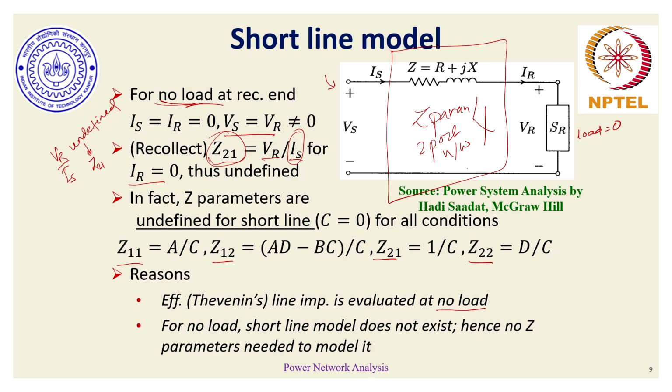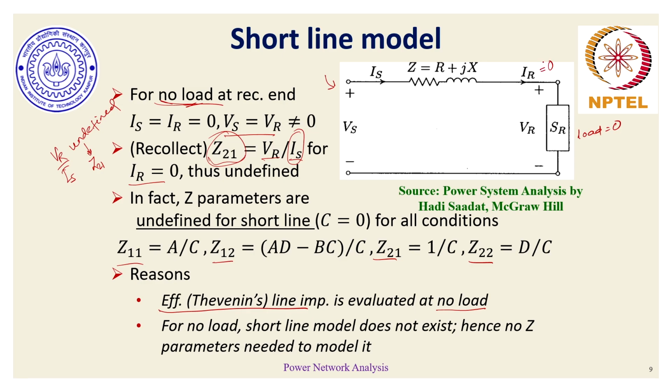Why is that happening? The Thevenin impedance is not invalid. In fact, these ratios are all equal to the Thevenin impedance or effective Thevenin impedance. What we see here is why these impedances are not defined. In case the short line model doesn't have any load, it means that essentially this representation of Z hasn't got any role.